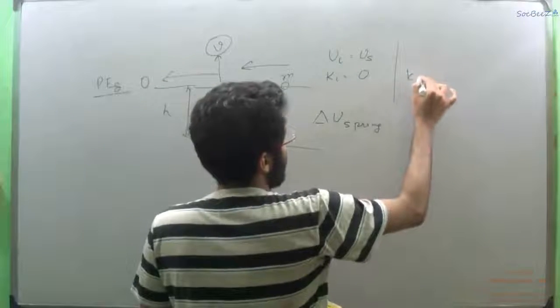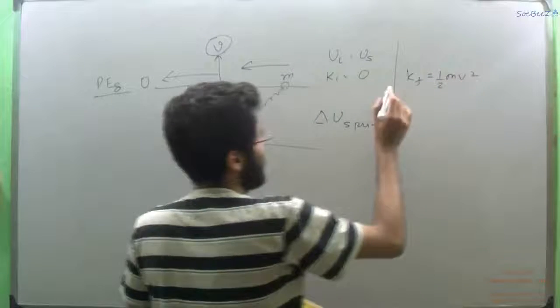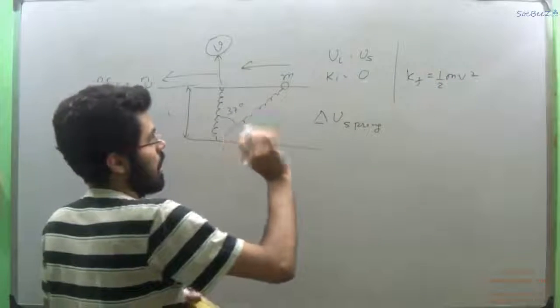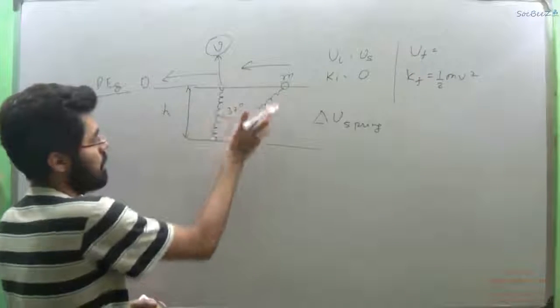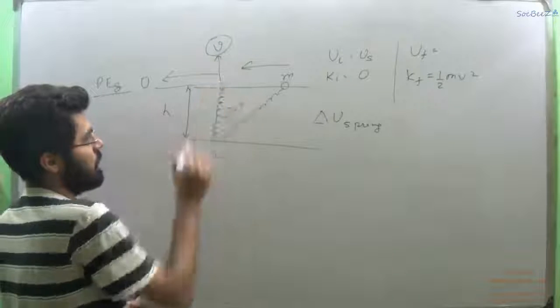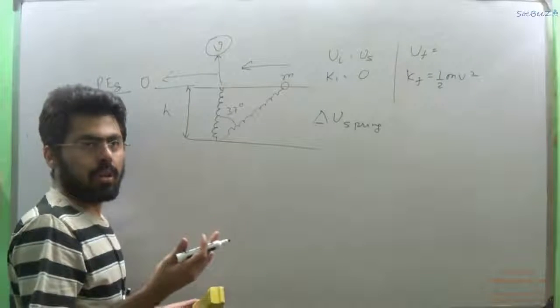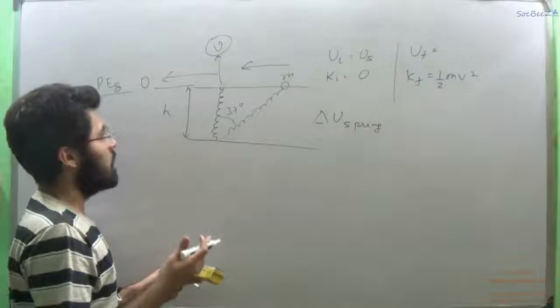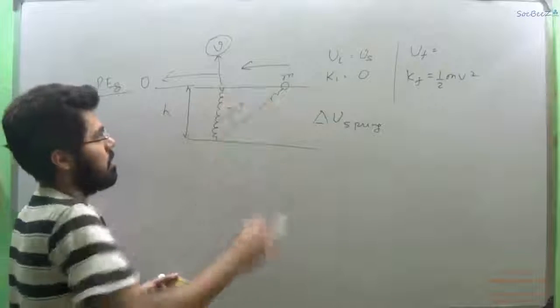Now the final kinetic energy will be half mv square, exactly the v which you have to calculate. And what will the final potential energy be? By the time the spring comes back to its natural length, there won't be any factor contributing to potential energy. The spring would be at its natural length, and we have already neglected gravity because the level is the same.